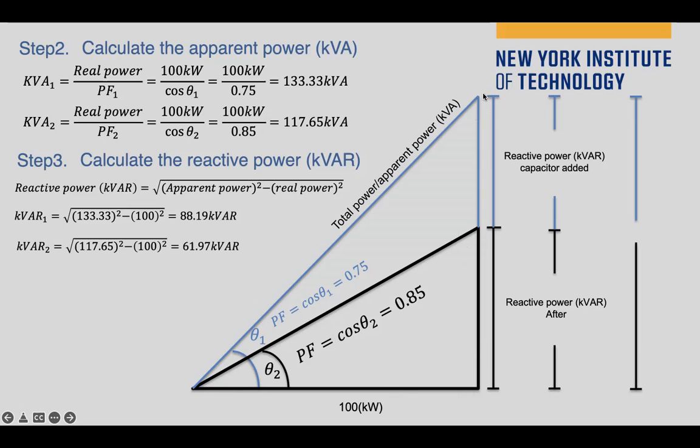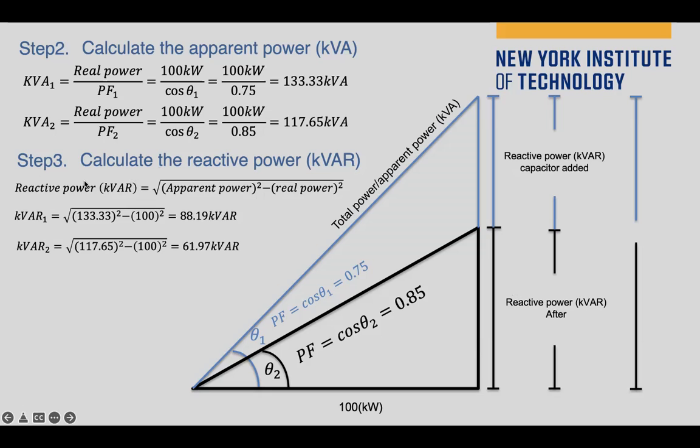Okay, so we make use of the Pythagoras theorem. That is the square of the horizontal value plus the square of the vertical value is equal to the square of the hypotenuse, the square of the total power. But now we are going to calculate the reactive power. So we just do some rearrangement on the Pythagoras theorem.